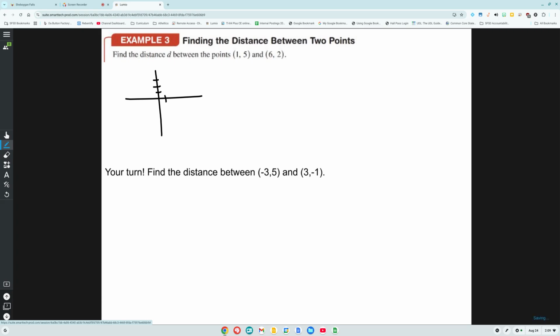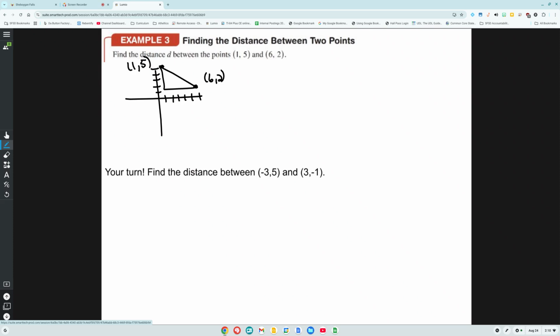1, 2, 3, 4, 5, there's the point (1, 5). 1, 2, 3, 4, 5, 6, up to, there's the point (6, 2), and I'm trying to find that distance. So it helps me to visualize that instead of just plugging and chugging into the distance formula.